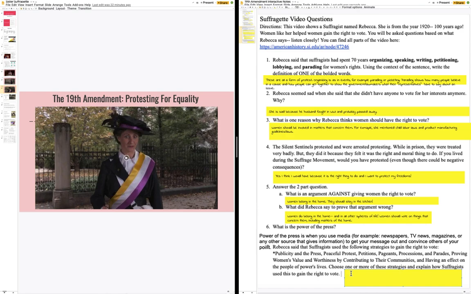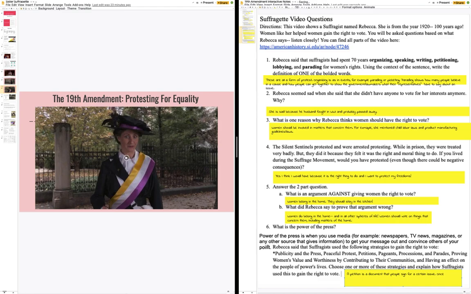So let's use parades. Nope, let's use petitions. I'll tell you guys what a petition is. A petition is a document that people sign for a certain issue.